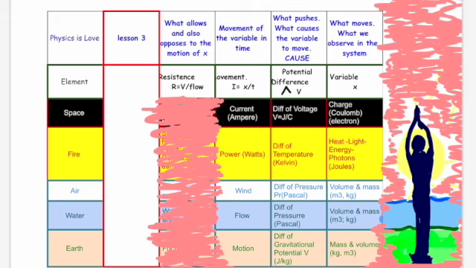Now, we also said that if we want something to move, there has to be an opposition to that movement and also a path to allow that variable x to move.